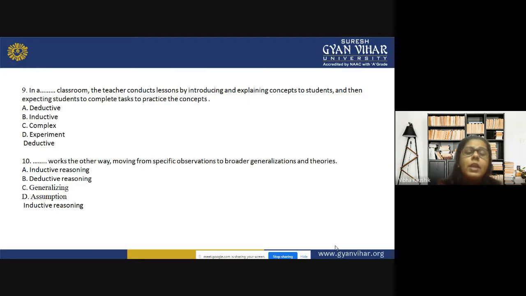In the end, a task is given by the teacher, and they have to complete it to practice the concept they have learned today.